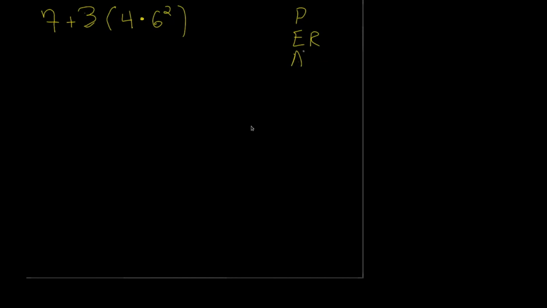Whoops, that's not an A, that's an M. And I'm going from top down. So I want to do parentheses first. Now inside the parentheses, I reevaluate this, going top down. And so the first thing I need to do is the power.